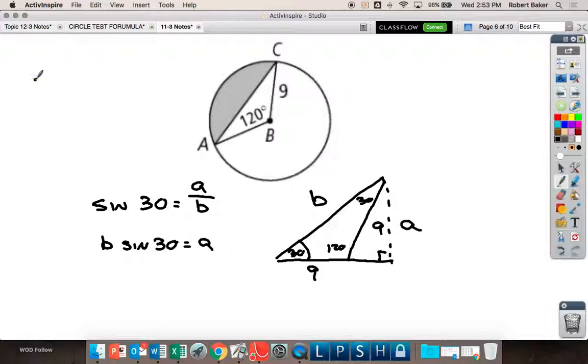So if I was going to use the area of a triangle is equal to 1/2 the base times the height, it would be 1/2 times 9, times B sine 30.